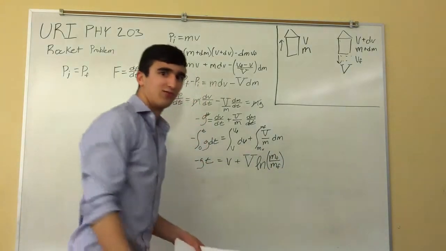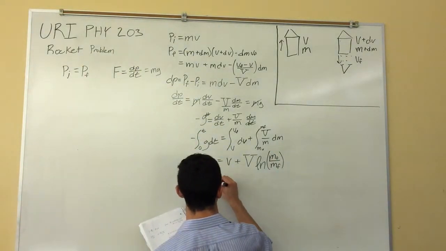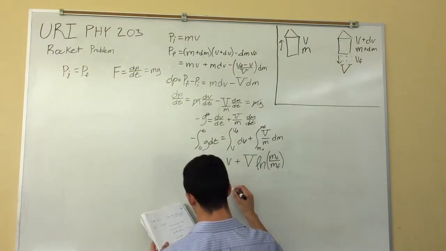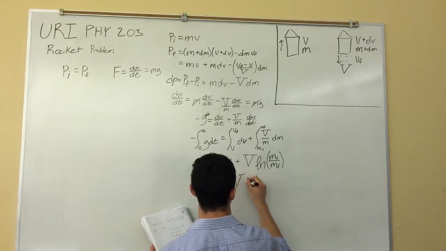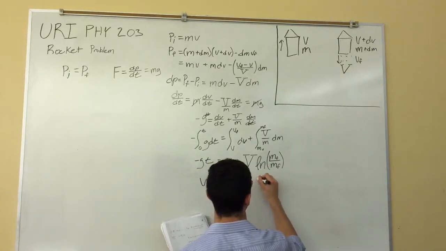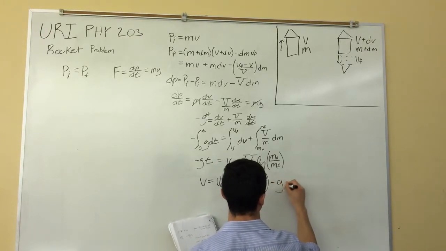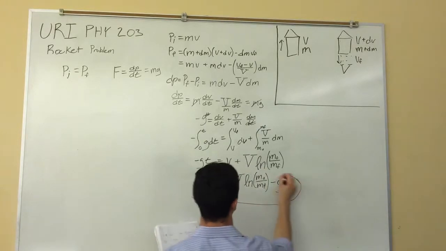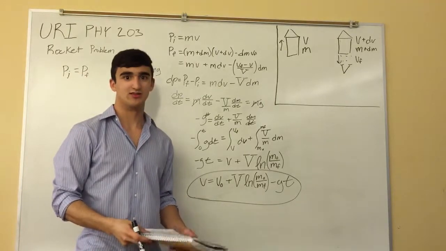Now this isn't the actual formula that you usually see, and simplified further, it becomes v is equal to v initial plus the velocity of the exhaust ln of mass initial divided by mass final, and then subtract gt, and that is your answer. Hope that helps, and see you in a bit for the other problem.